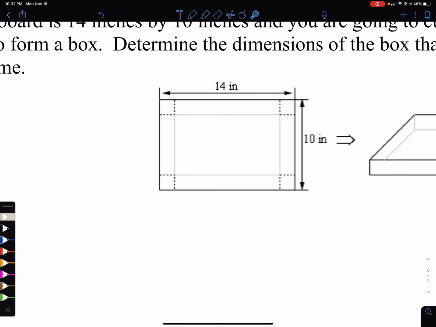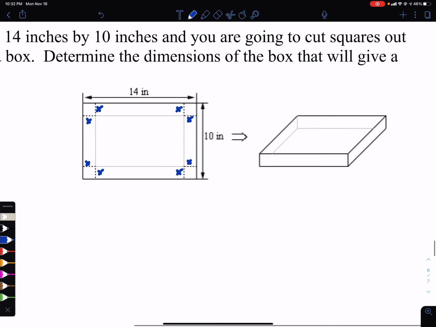Well, I don't know, so I'm going to call each of these x. They're all going to be the same. We're going to cut the same amount from each corner. And if you see this box, the distance from here to here is the distance from here to here. Those correspond. So let me do that in red. That distance is that distance.